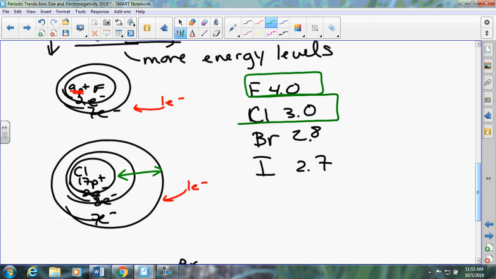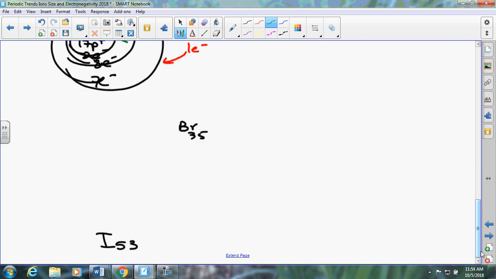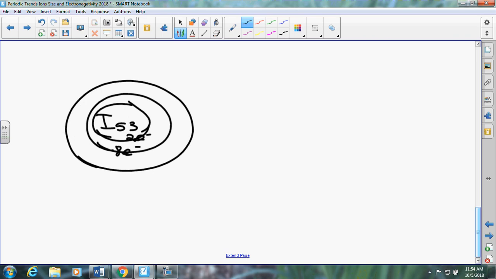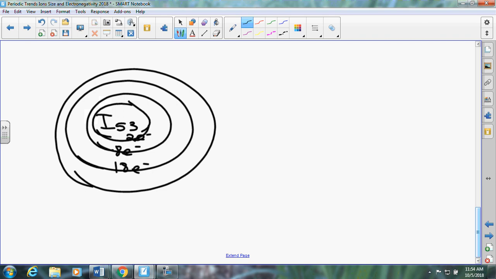So we'll pull that down. And we know we have 53 protons. So we know that means 2 in the first energy level, 8 in the second energy level, 18 in the third energy level, 17 in the fourth energy level, and 7 in the valence.